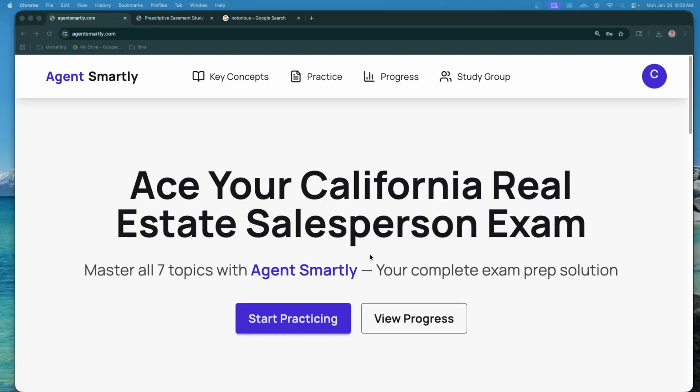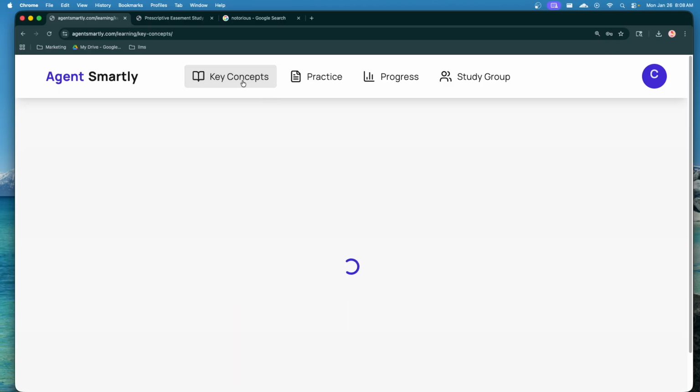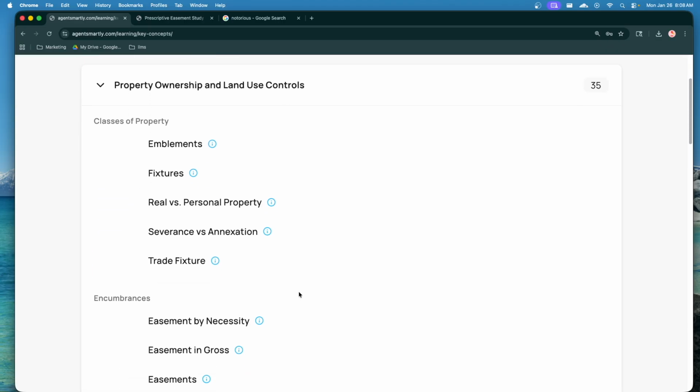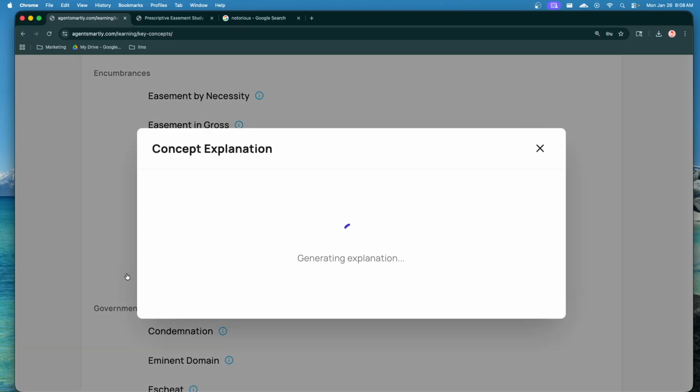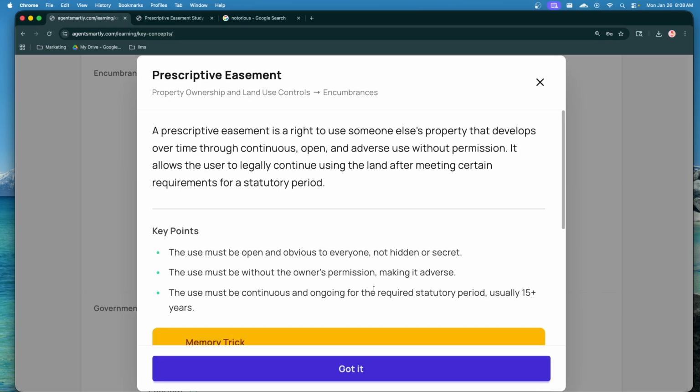All right, let's get started for today's topic. So now let's go to this key concept tab and scroll down a little bit. See here, prescriptive easement. Let's click right here and we will see more information about this.